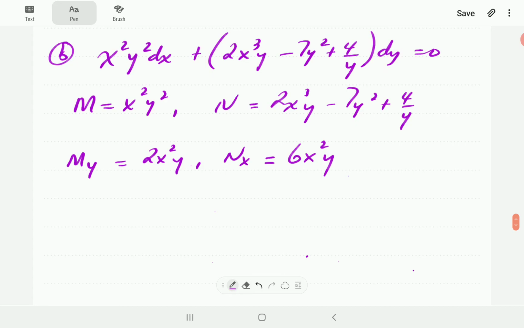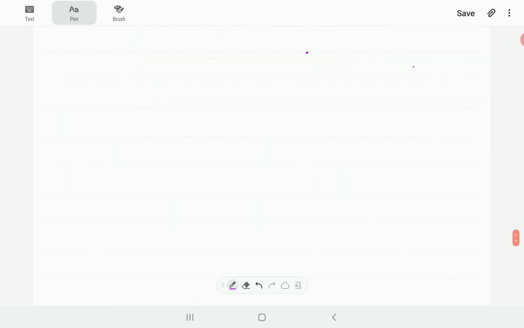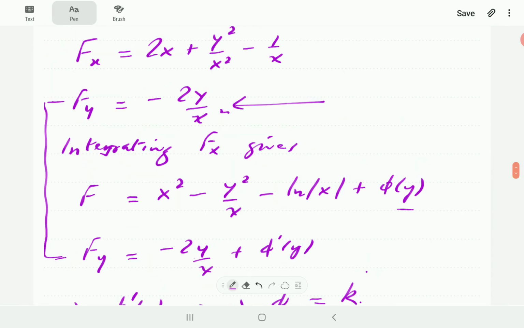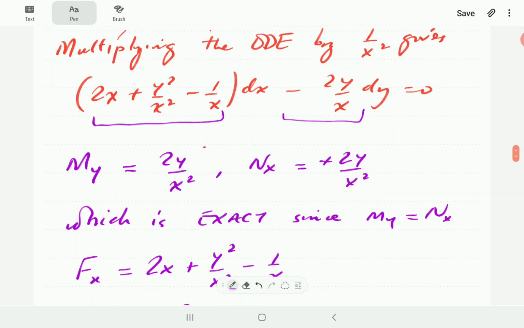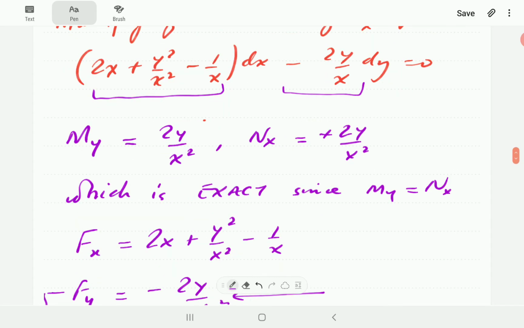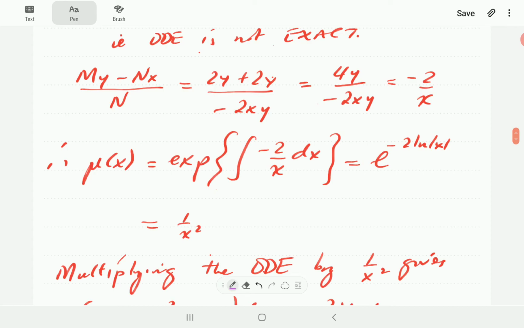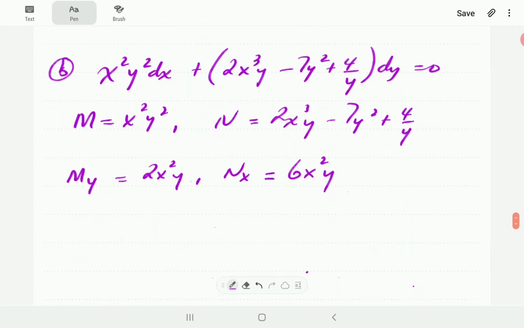And then what we're going to do is try the same thing we tried with this one. So we're going to see if the quantity My minus Nx over N is a function of x.